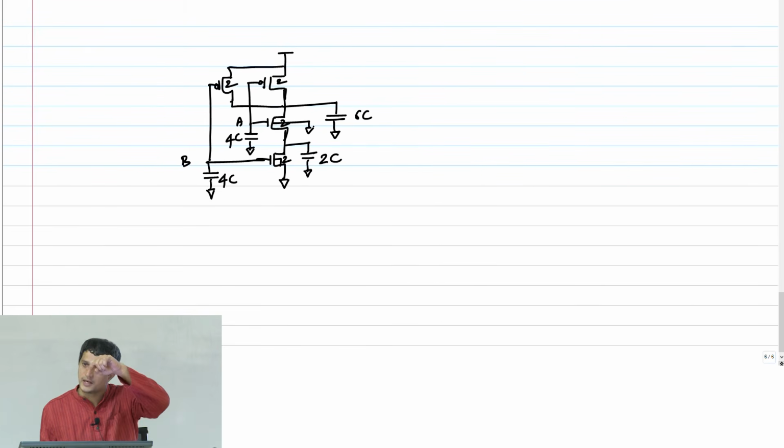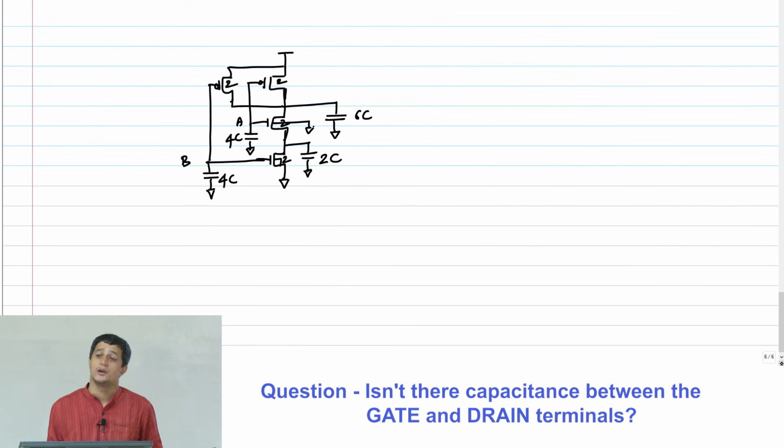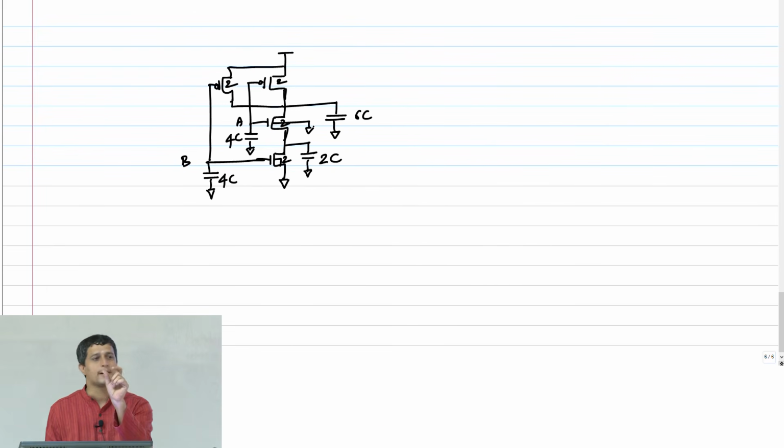Only because in an inverter the source and body were grounded, I could remove that capacitance from the picture. There is a capacitance, as I told you. That becomes like a capacitance between the input and output, so you have to do the Miller capacitance and split it. I am saying you lump all of them. Effectively, it's like 1C here, and the drain also has the same C. Correct.